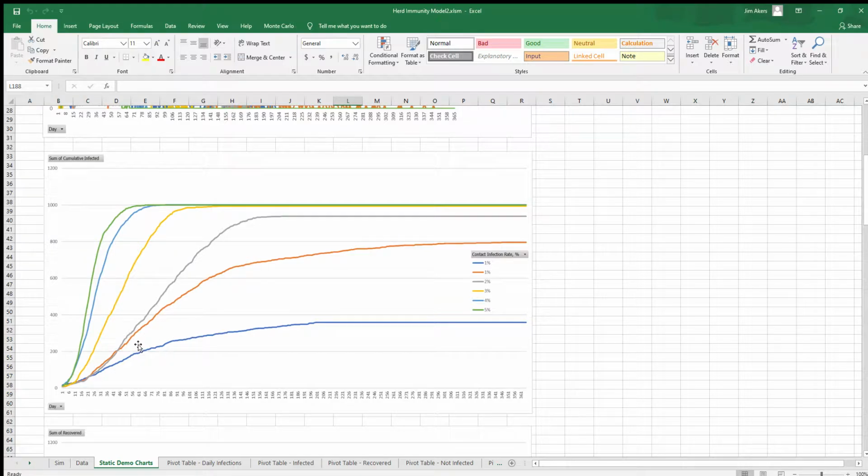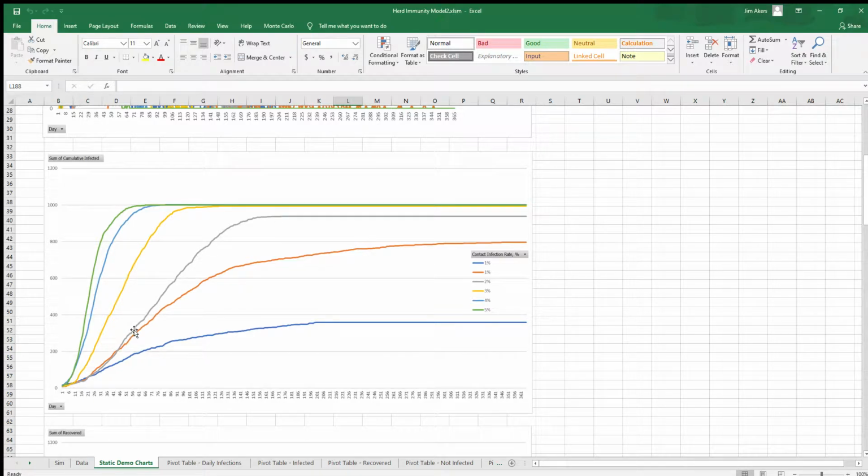This chart shows the cumulative infection rate. So at 5%, it was very steep. It just leapt straight up and went to 1,000 very, very quickly. And there was no time for anything else. It just went straight up there. The 4% curve, a little bit slower. The 3% curve took a little bit longer, but still getting up to very close to 1,000.